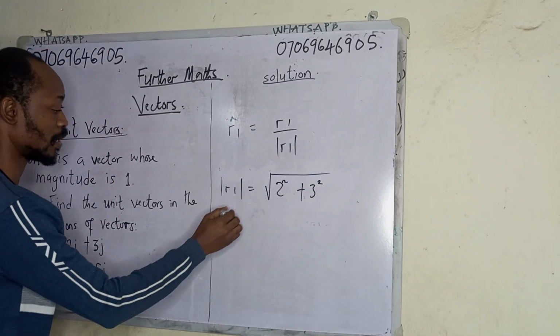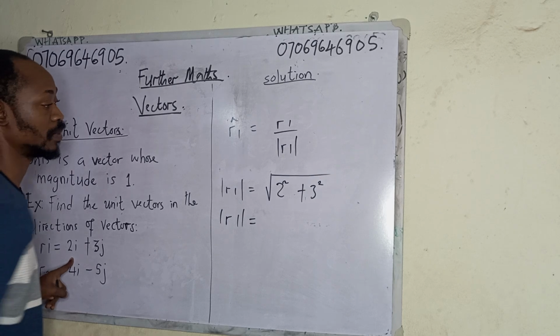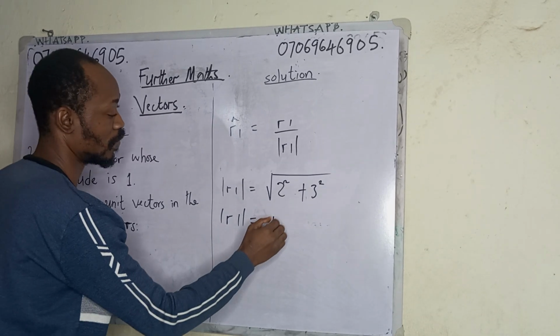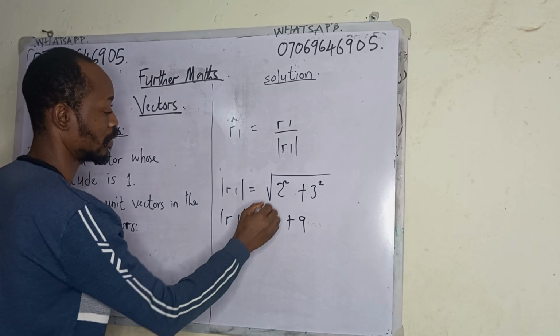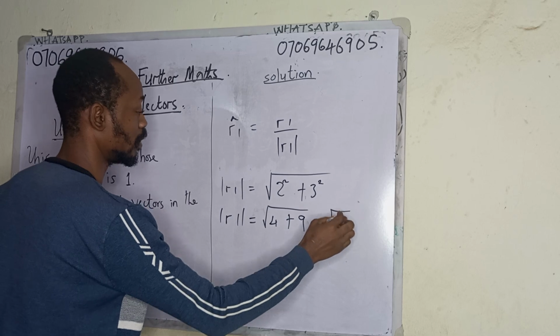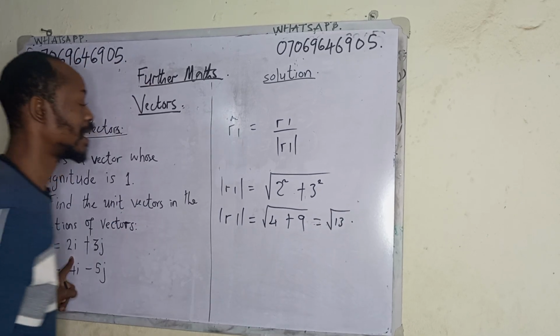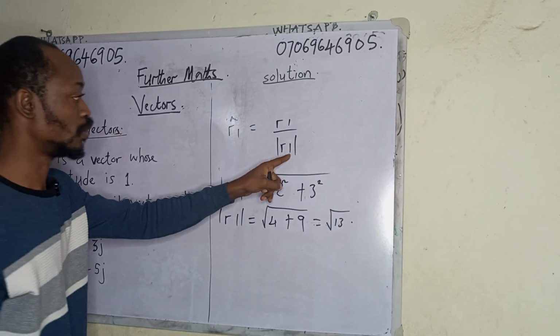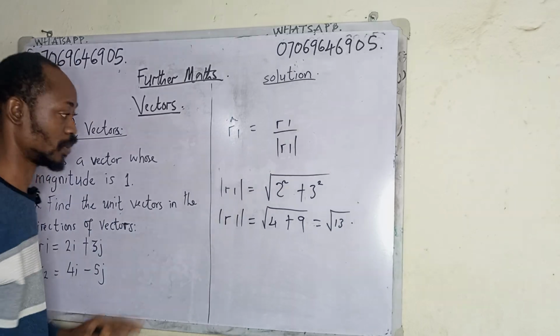That's 4 plus 9, and that's root 13. So that is the modulus, or the magnitude, of the vector.